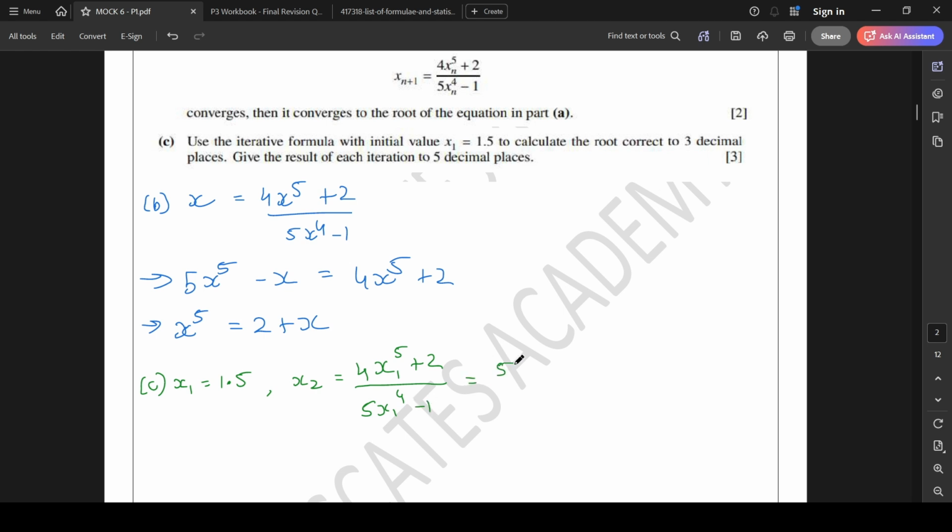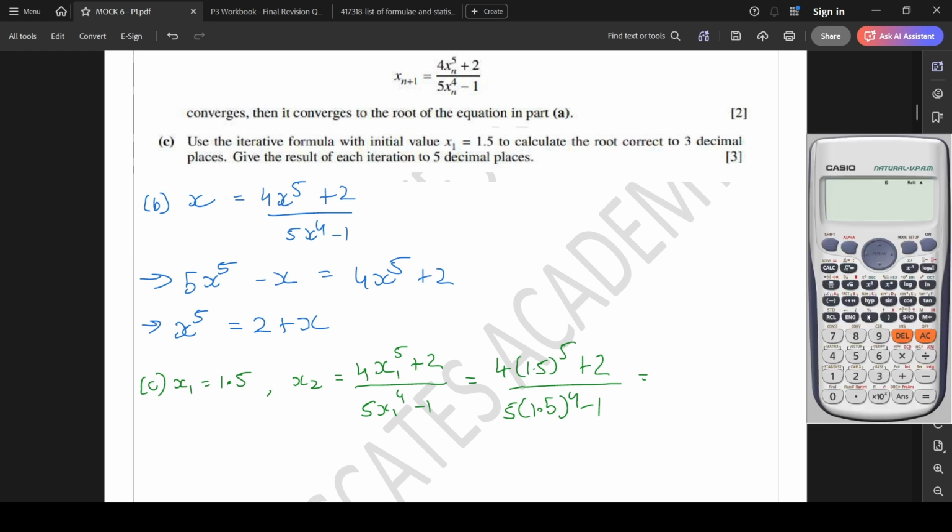is equal to, put the value of 1.5 over here. So 4 times 1.5 to the power of 5 plus 2 divided by 5 times 1.5 to the power of 4 minus 1. And then just use your calculator to write your answer over here.